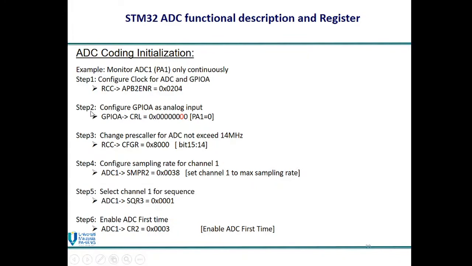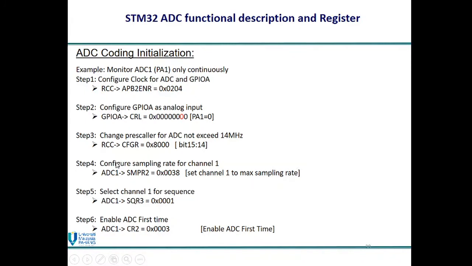Then step 2, configure GPIOA as analog input, because we use PA1, so we set up PA1 for analog input. Then step 3, we change the prescaler so the ADC does not exceed 14 megahertz. Type RCC configuration register 0x8000.